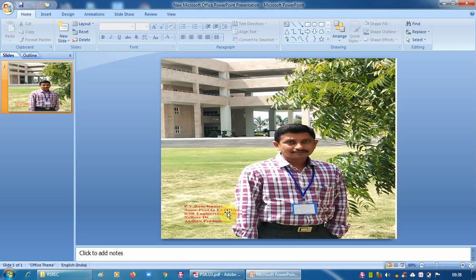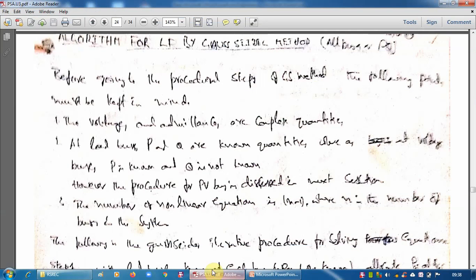And we have seen that this algorithm or procedural steps for load flow by Gauss-Seidel method was for only PQ buses, that is by assuming only PQ buses, we have seen the steps.